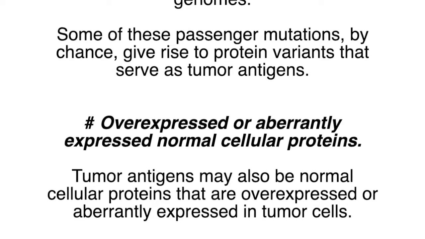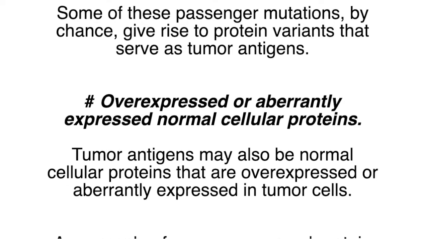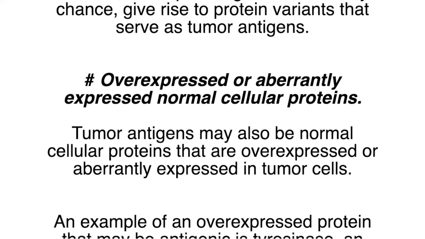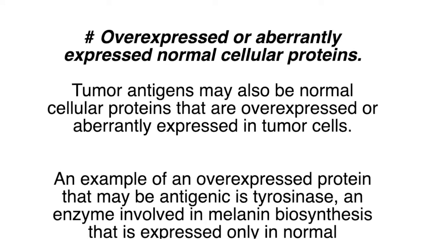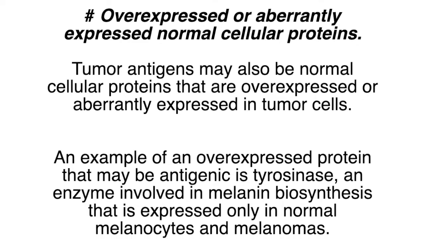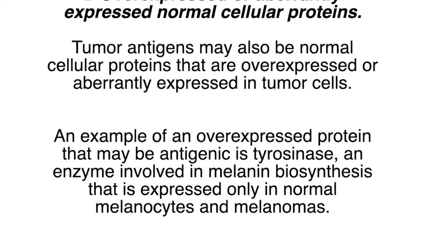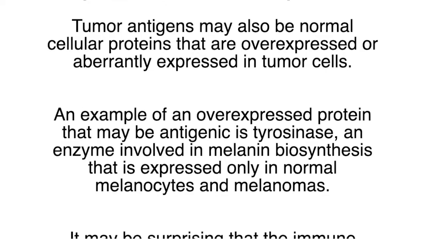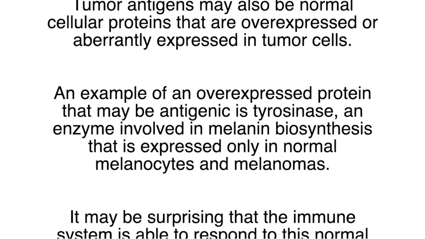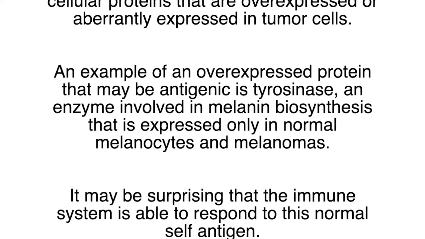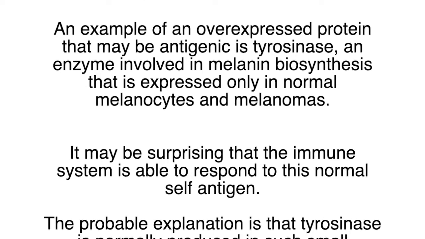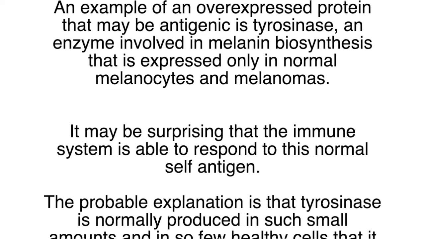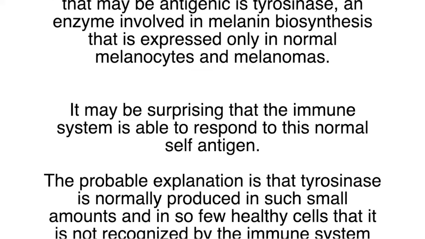Overexpressed or aberrantly expressed normal cellular proteins. Tumor antigens may also be normal cellular proteins that are overexpressed or aberrantly expressed in tumor cells. An example of an overexpressed protein that may be antigenic is tyrosinase, an enzyme involved in melanin biosynthesis that is expressed only in normal melanocytes and melanomas.